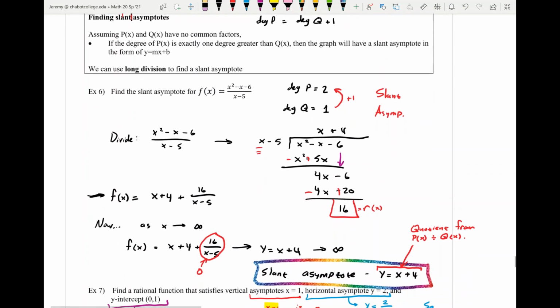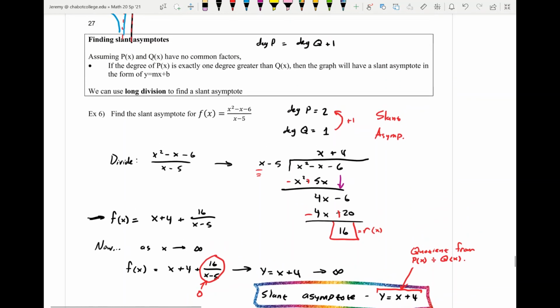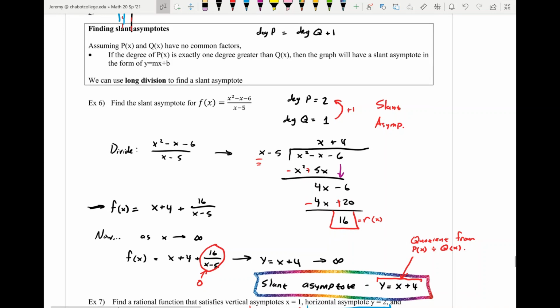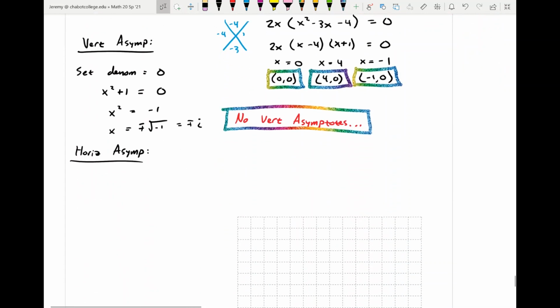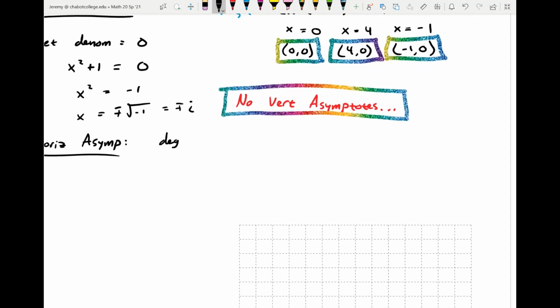Remember, we do the long division, like in this last example, and whatever the quotient is from that division problem is going to be the equation for our slant asymptote. Okay, all right, back down here. So the degree of the numerator, p, is equal to the degree of the denominator, q, plus 1. So what that means is there is no horizontal asymptote.